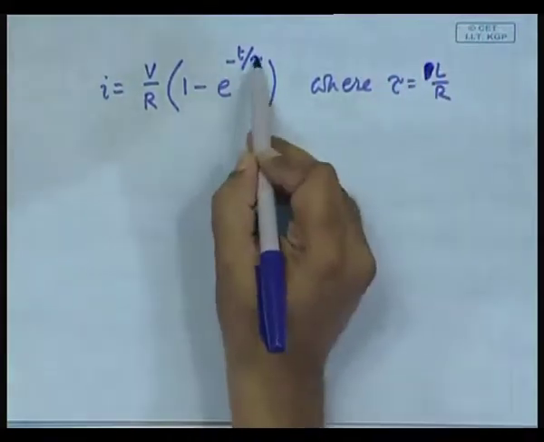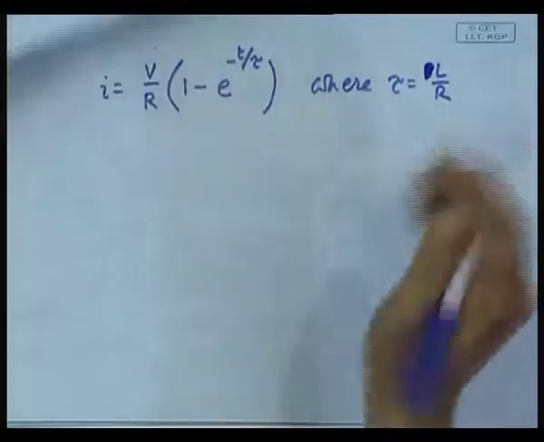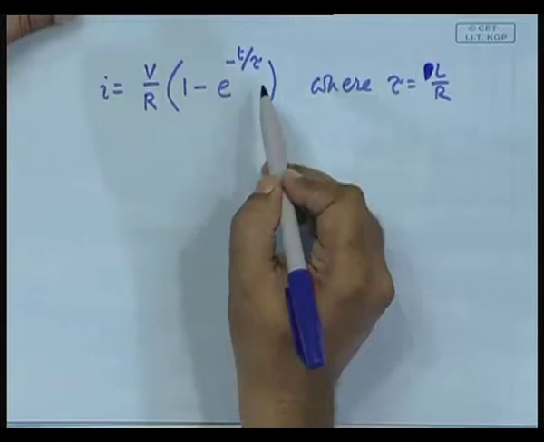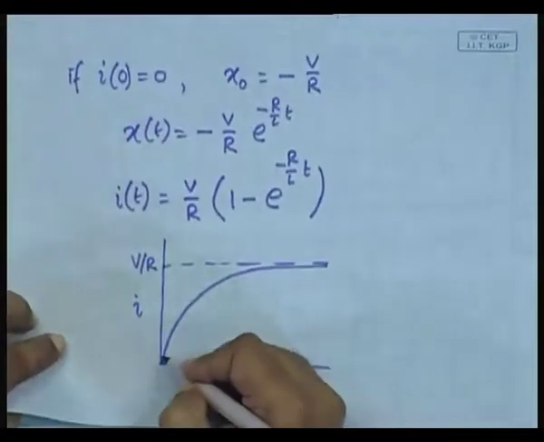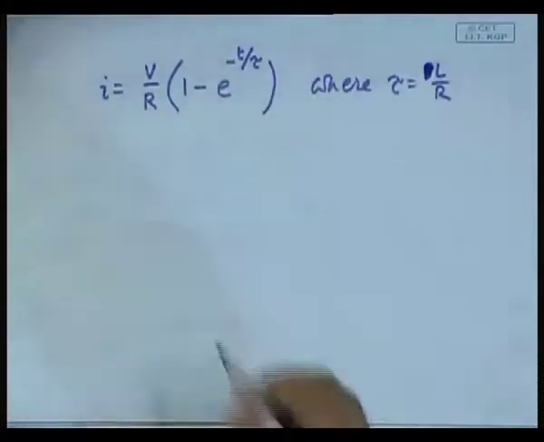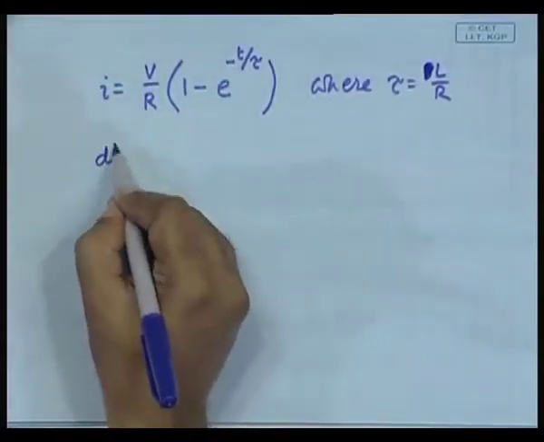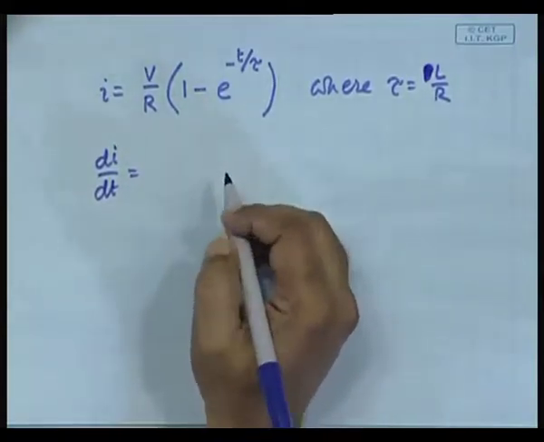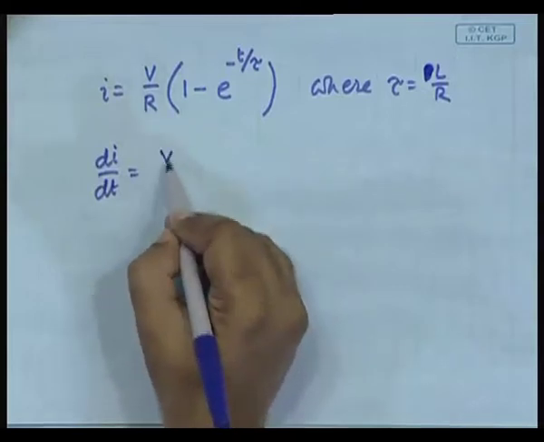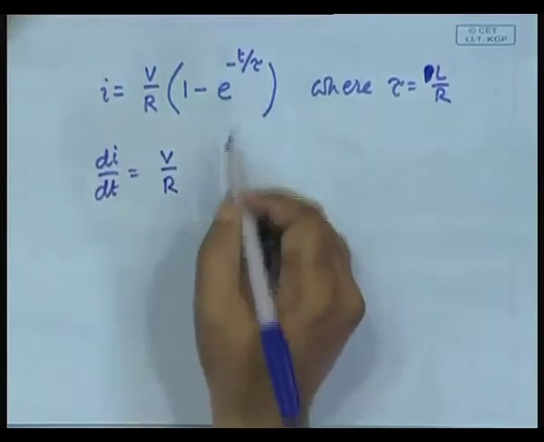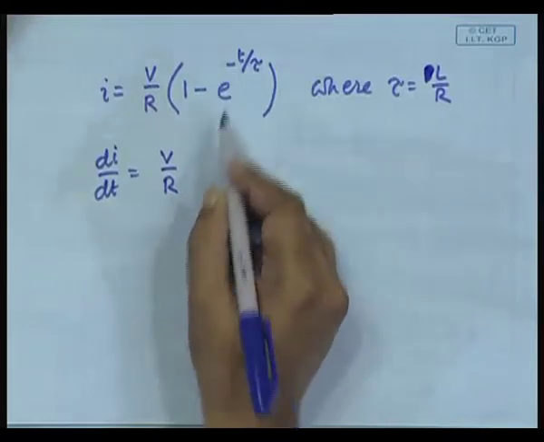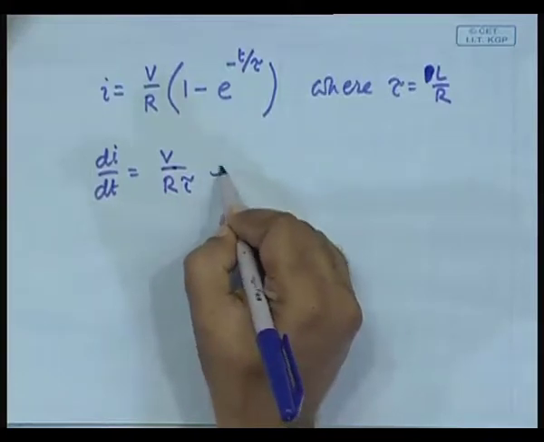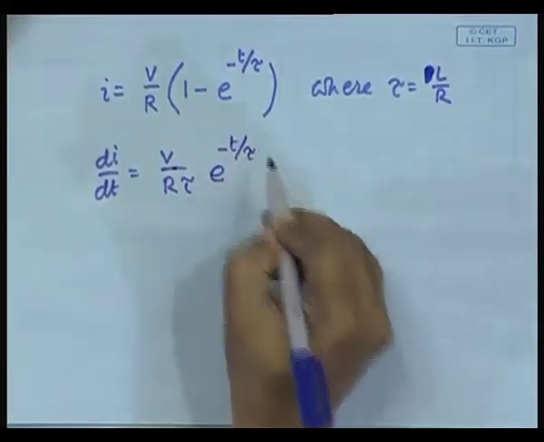Just to recall, what is happening is that, what does this say? Tau, okay, consider the solution, the slope of the solution exactly at this point. So, what is the slope of the solution? dI/dt is from here, just do that, this goes off, it is V by R, then in the denominator there will be tau, and you have e to the power minus t by tau.